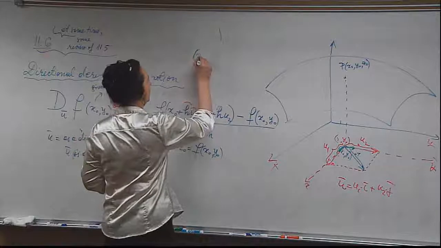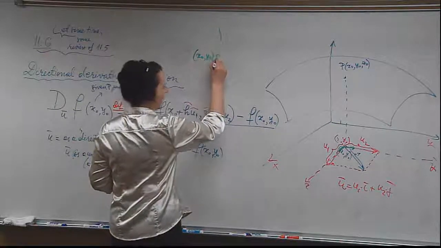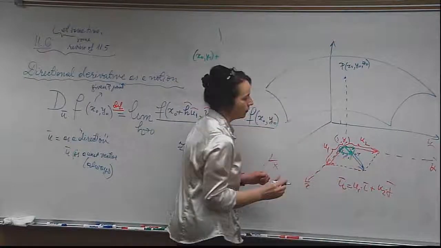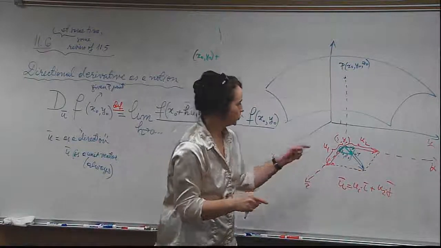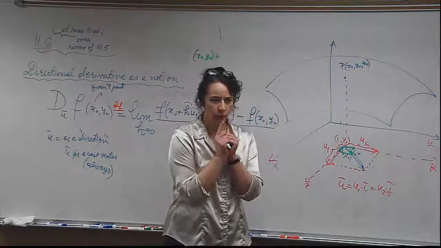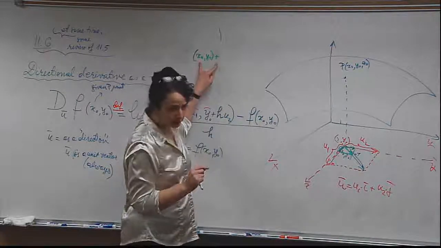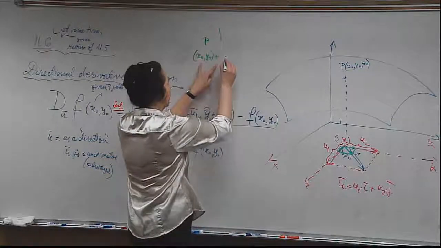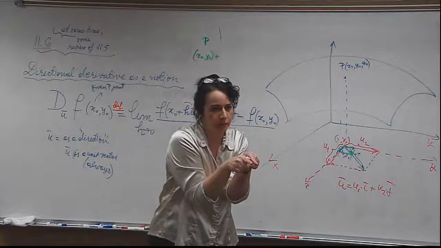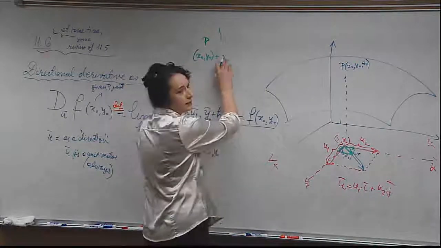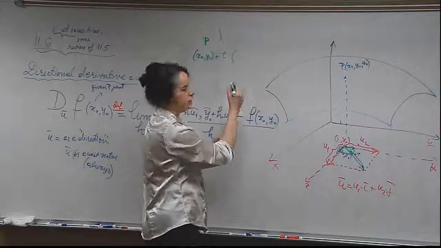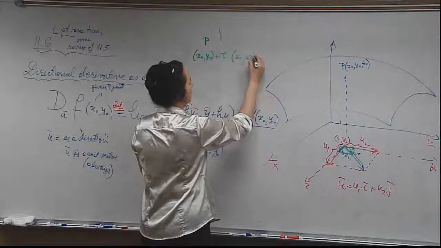Well, because I have the point x0, y0 plus a small vector collinear to u. You say, wait a minute, I know what you mean. I start from the point p, plus a small multiple of the direction you give me. So you had it before in Calc 2: t times u1, u2, which is my vector u.